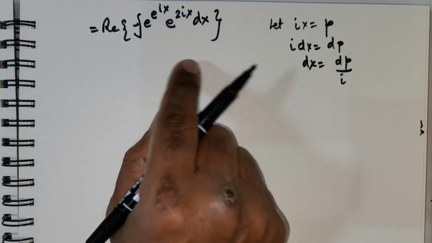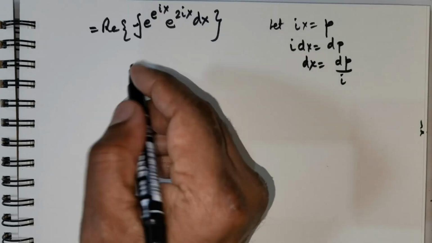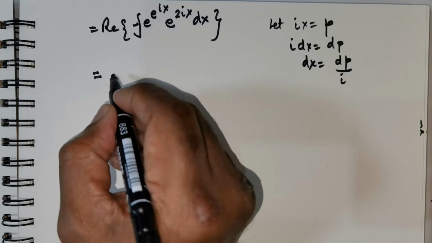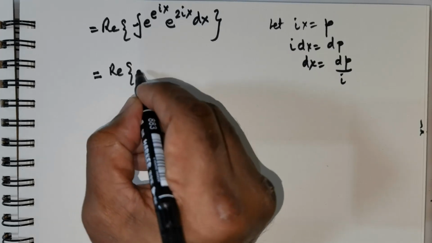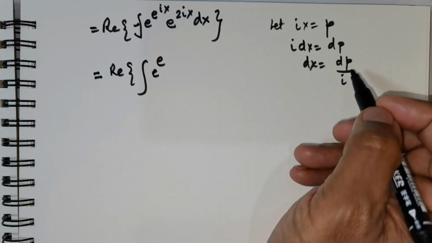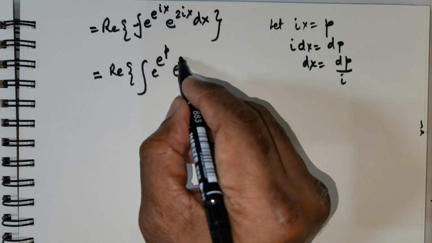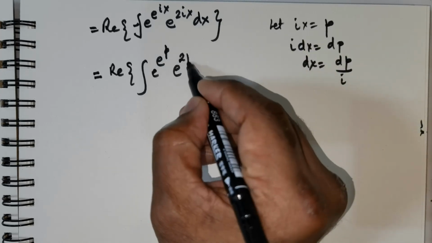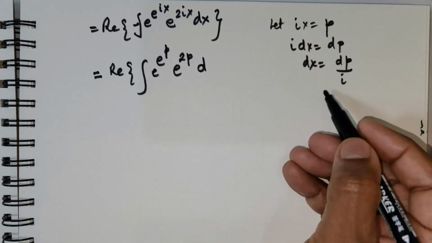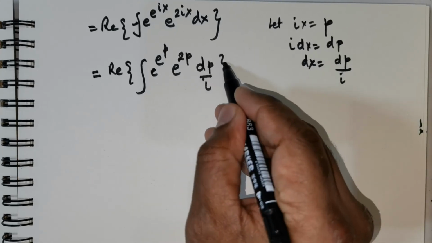So we will have to make some substitution over here. So this is going to be the real part of the integral of e raised to the power of e^p times e raised to the power of 2p times, in place of dx, I'm going to be substituting dp over i.